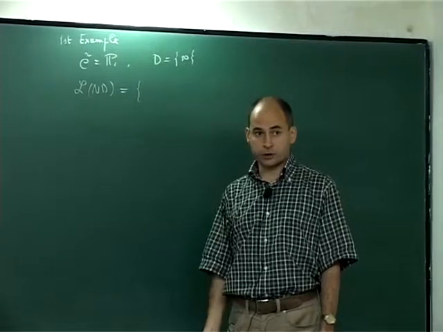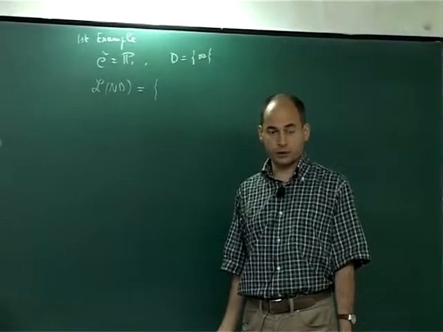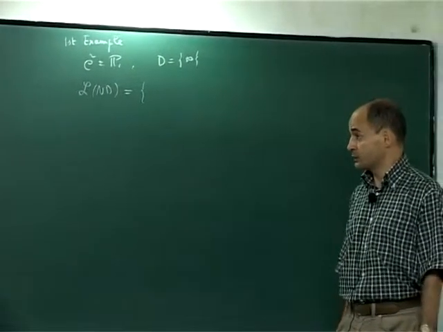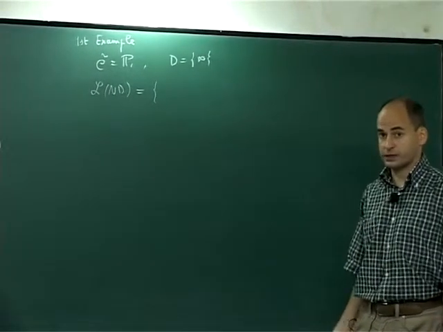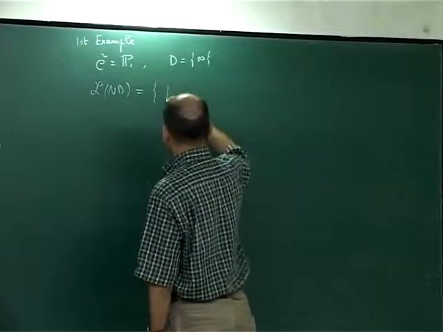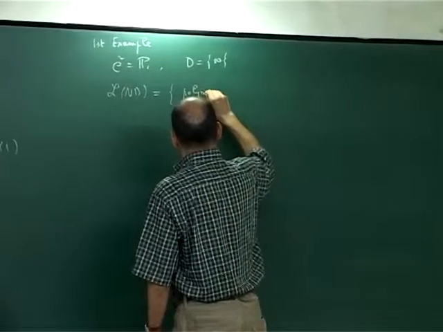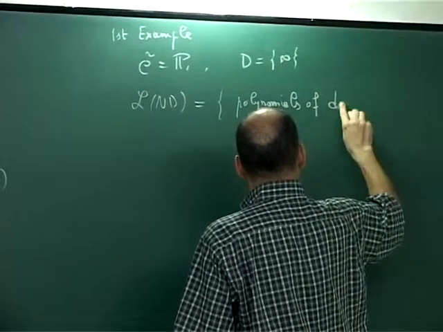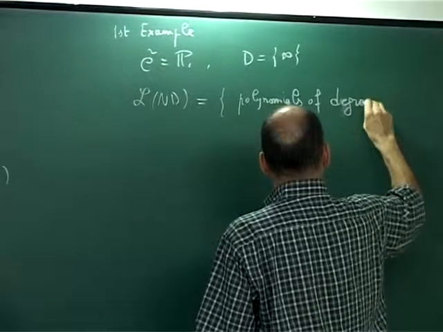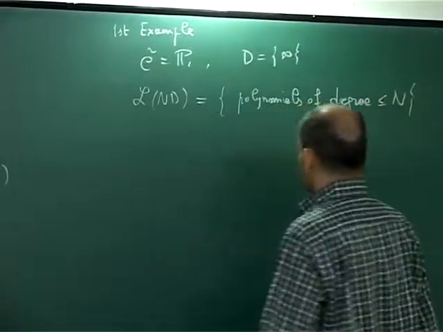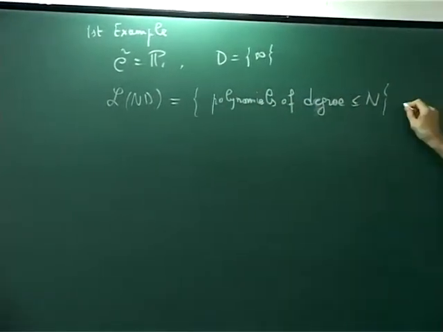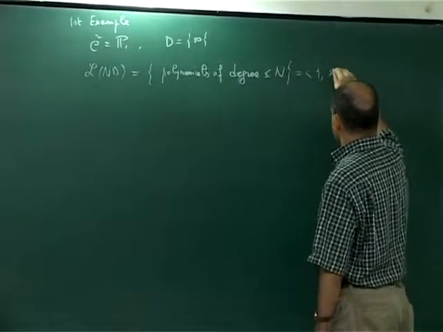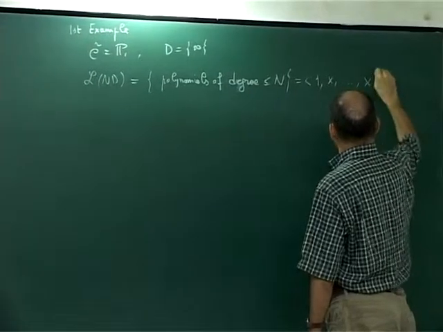So a rational function having no pole but at infinity is a polynomial, and a polynomial with a pole at infinity of degree at most n is a polynomial of degree at most n. And they are generated by the constant function one, the monomial x, and so on up to x to the n.